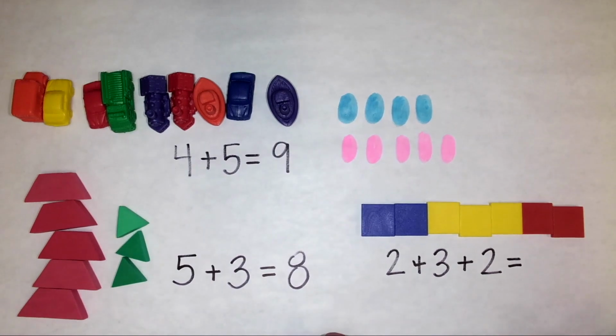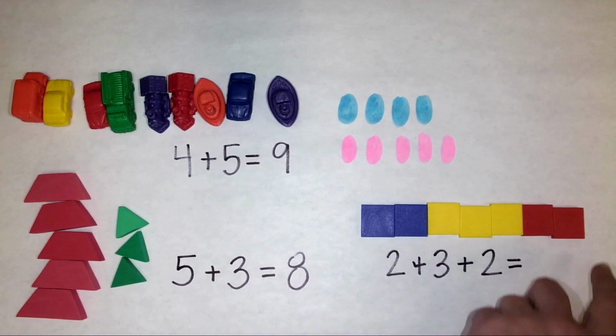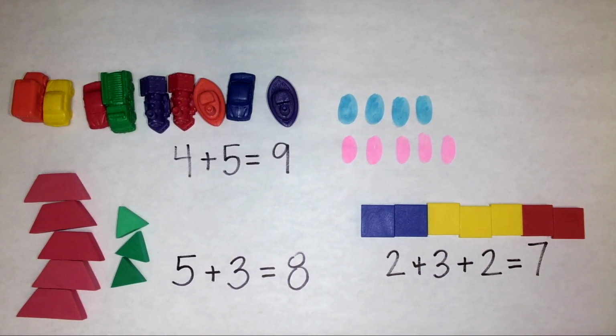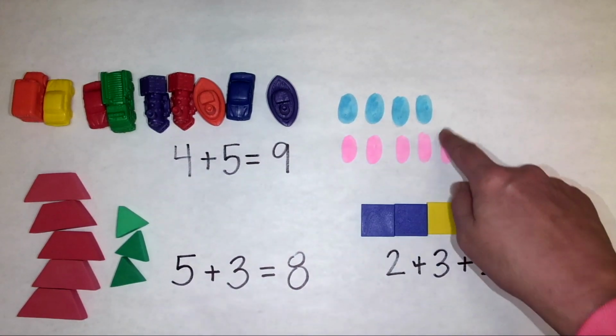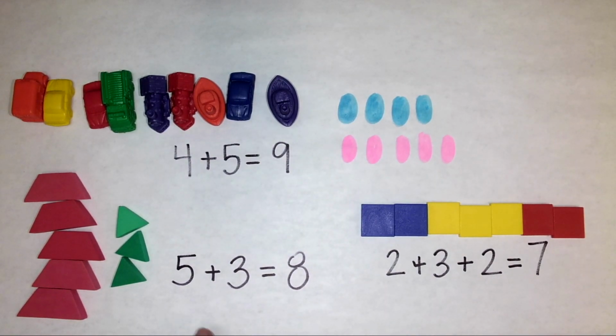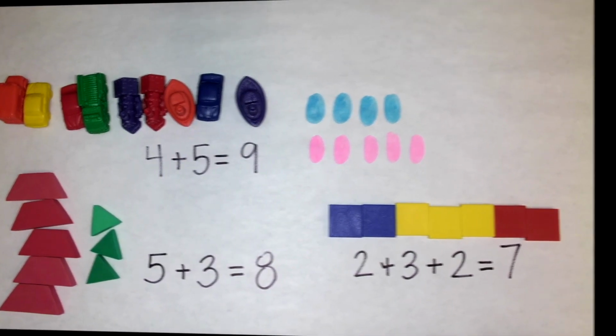And when I compose those or put those all together, I have 1, 2, 3, 4, 5, 6, 7. So altogether, I have 7. So those were just some examples of the ways that we could use these hands-on materials or these representational, these pictorial drawings to help students understand what it means to compose in the abstract.